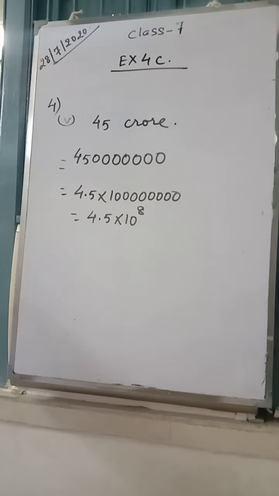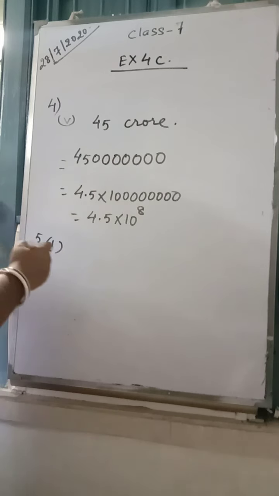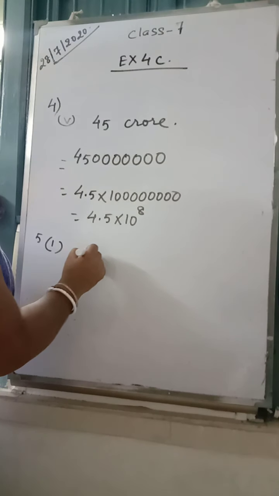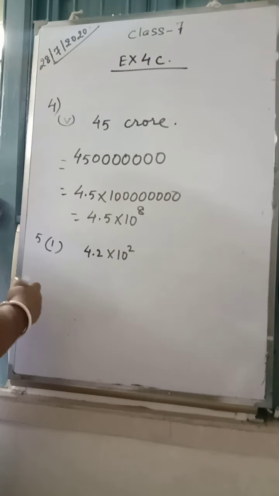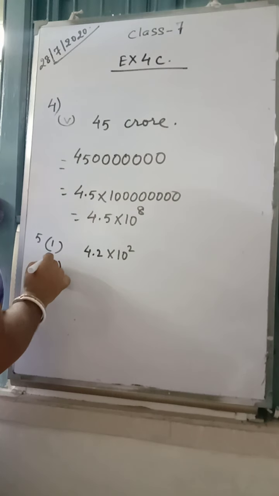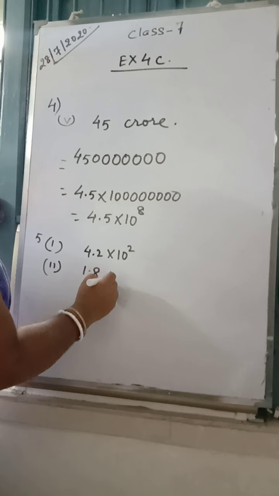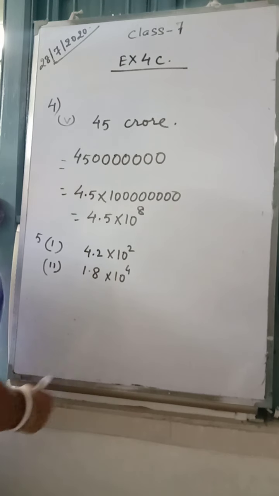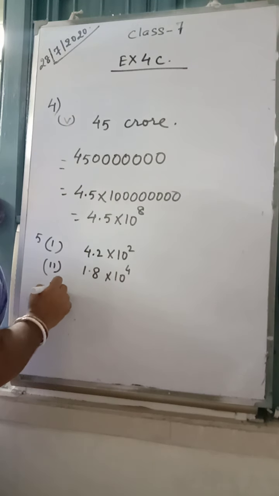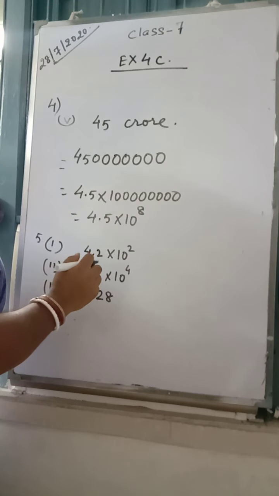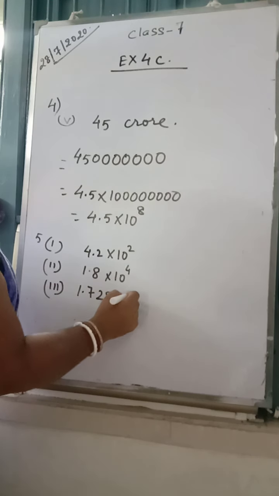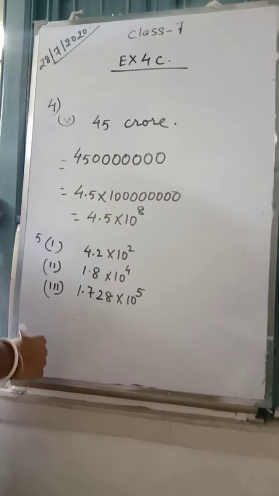See, 651, it is given 420 seconds. How to write it in usual form? 4.2 into 10 squared, because after 2 digits we are placing the decimal. 1.8, after 4 digits we are placing the decimal, so into 10 to the power 4. 1.728, after 5 digits, so 10 to the power 5.